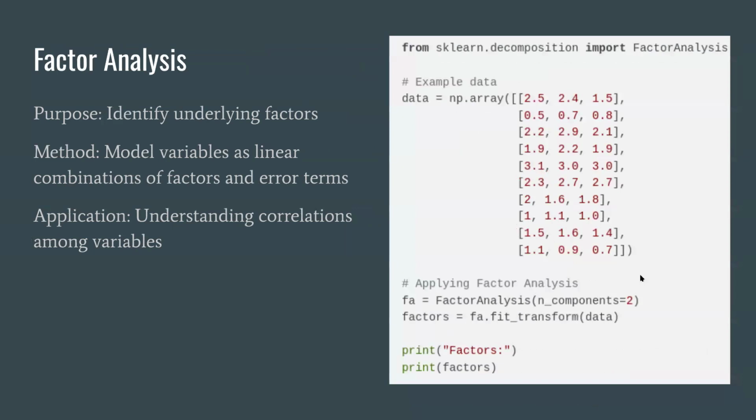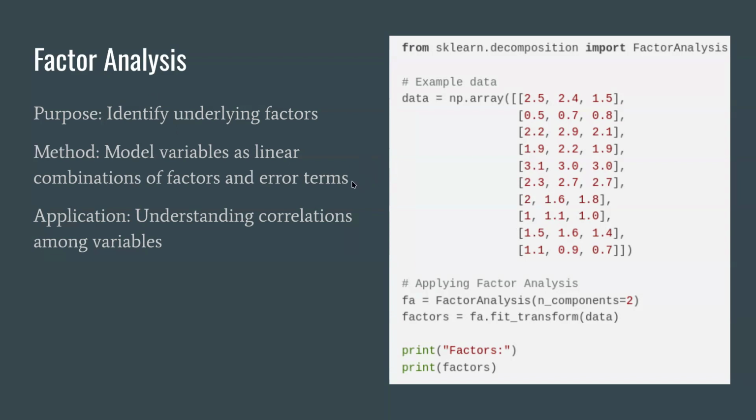Now we're moving on to factor analysis. Factor analysis aims to identify underlying factors that explain the patterns of correlations within a set of observed variables. The method models the observed variables as linear combinations of potential factors plus error terms.